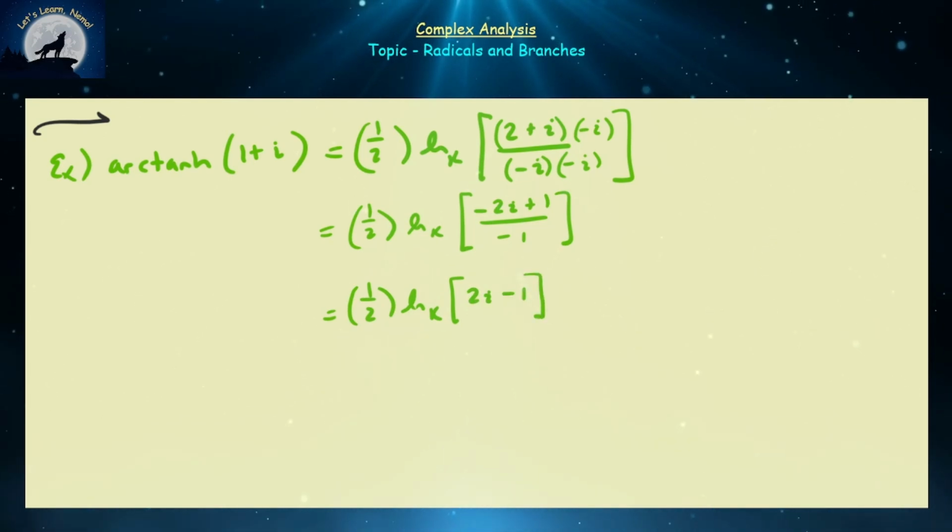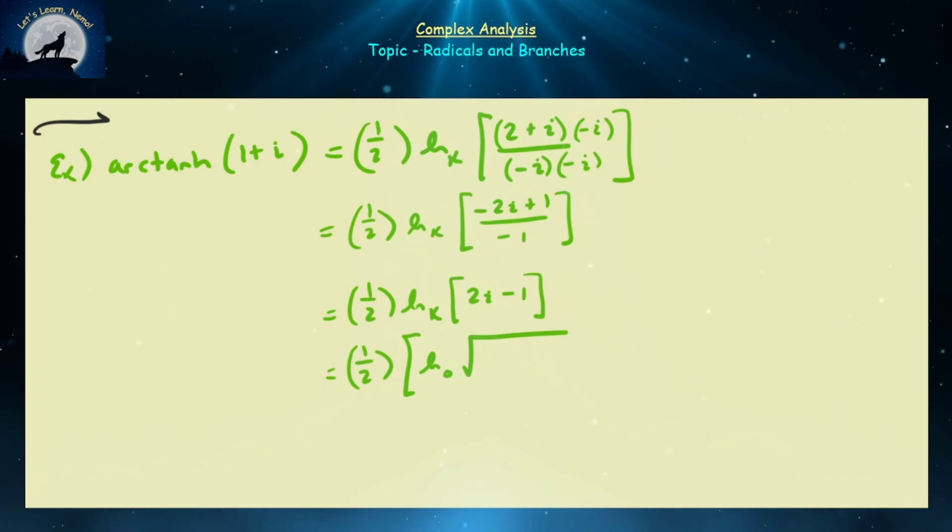All right, things are looking great so far, so let's keep going. This is going to be equal to 1/2, and then we use the multivalued nature of the logarithm definition. That's the natural log of the magnitude, which is the square root of 2 squared, which is 4, plus 1 squared, which is 1, so that gives us the square root of 5, and then plus i times the argument of 2i minus 1. So where is minus 1 plus 2i?